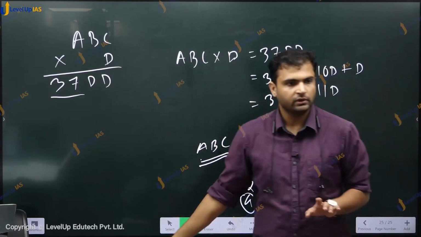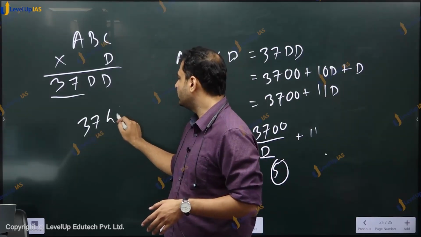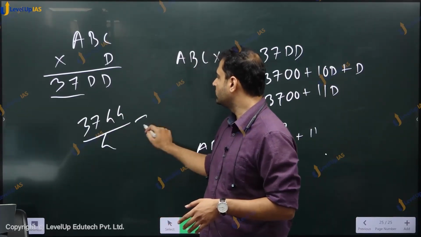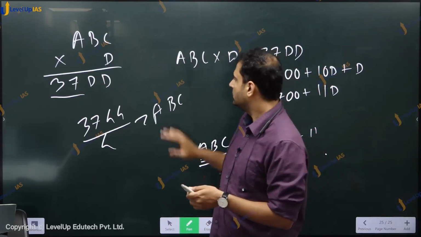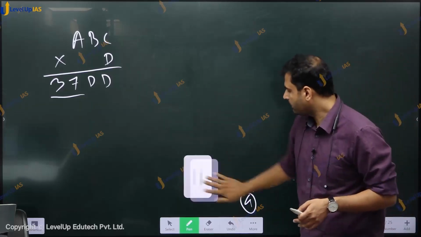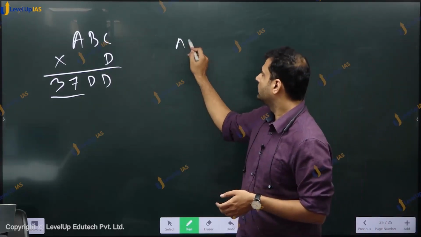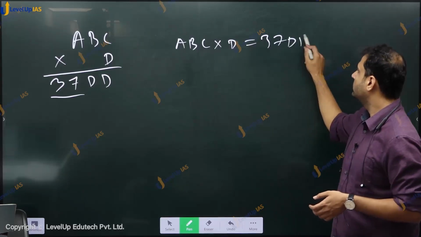हाँ, we can just put D as 4, you get 3744 divided by 4 is equal to ABC. You have ABC into D is equal to 37DD.